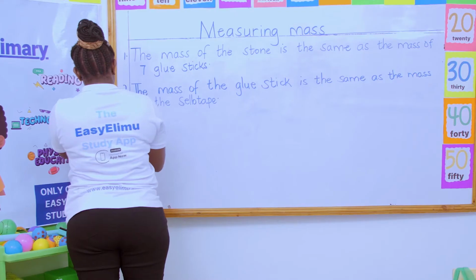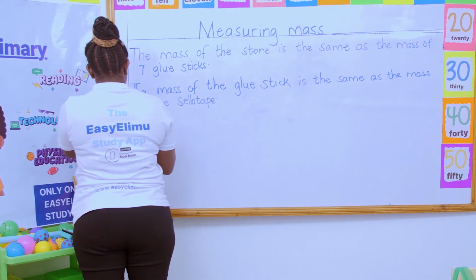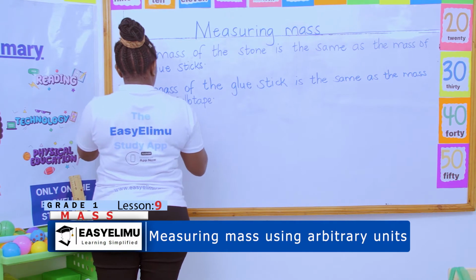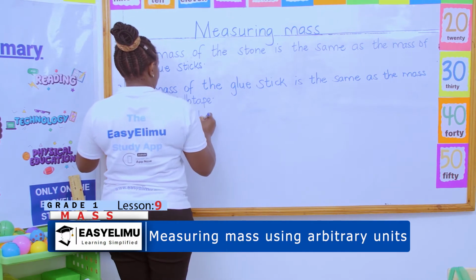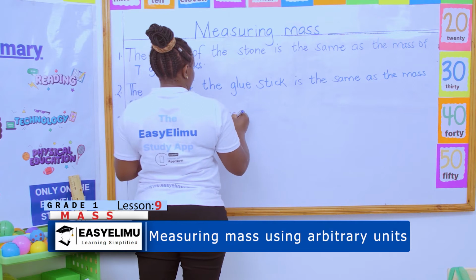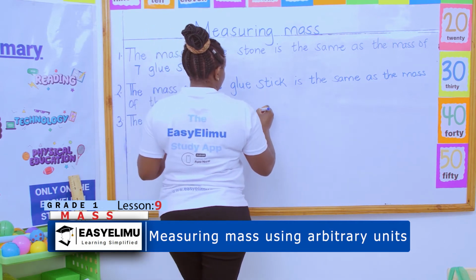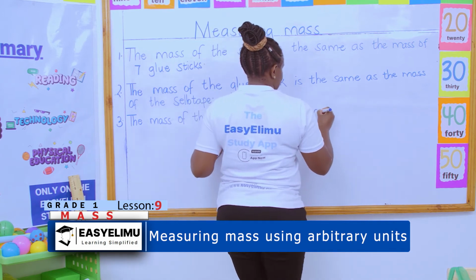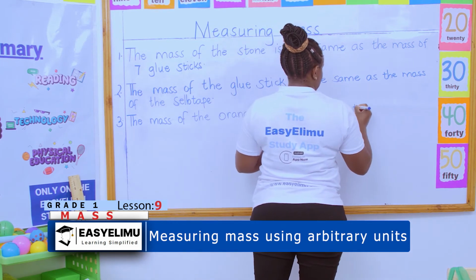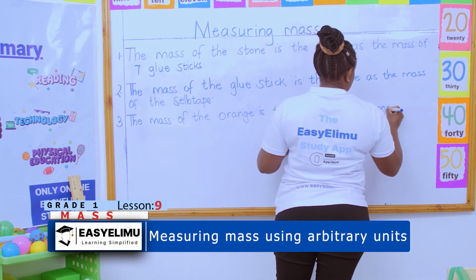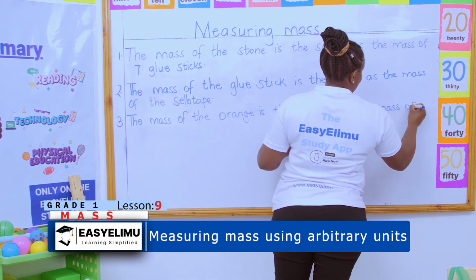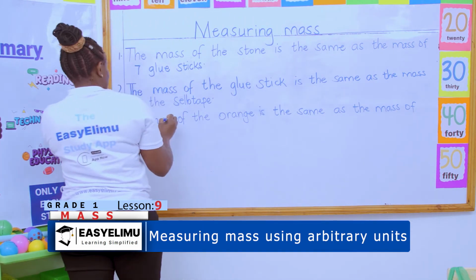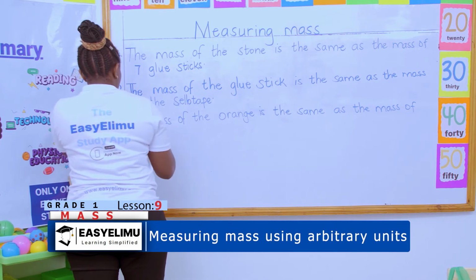So we are saying the mass of the orange is the same as the mass of how many orange? Not oranges. Onions, the mass of 4 onions.